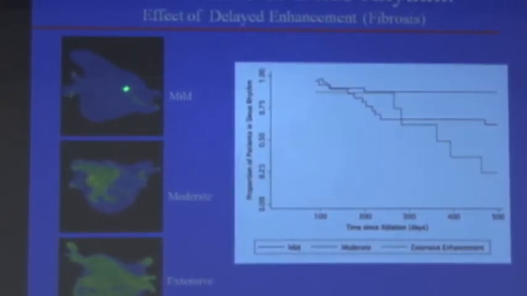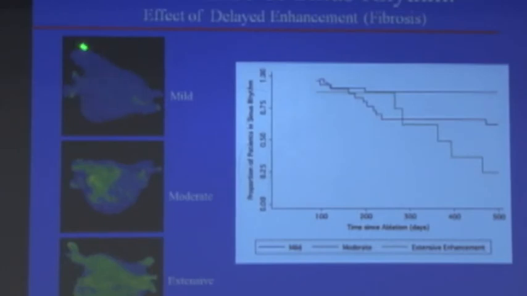They find actually 4 different classifications. Here's a left atrium with a pulmonary vein sticking out. The blue is what they consider to be normal tissue, and the green is colorized scar. There's mild, moderate, and extensive.